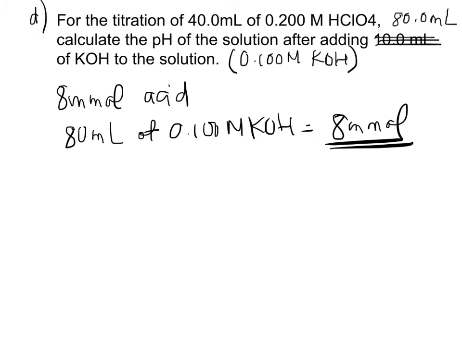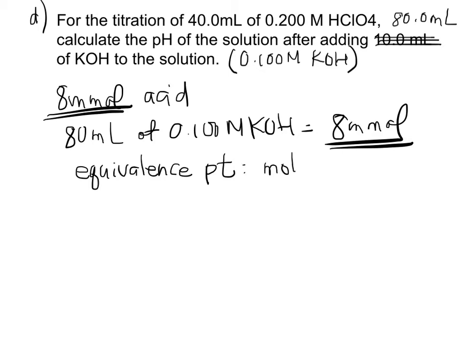So when we have 8 millimoles of acid and 8 millimoles of base, what point are we at? We're at the equivalence point, when moles of acid equals moles of base.